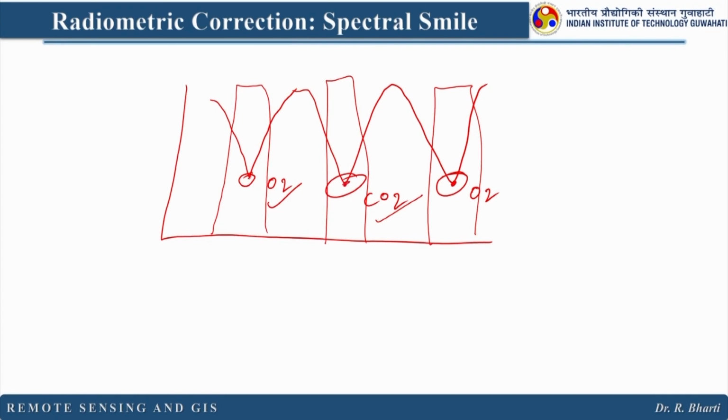So, what we will do, we will use this as a standard, like if this particular band which was supposed to be in this particular wavelength does not have this oxygen absorption feature, then there is a possibility that it got shifted in other wavelengths, right.